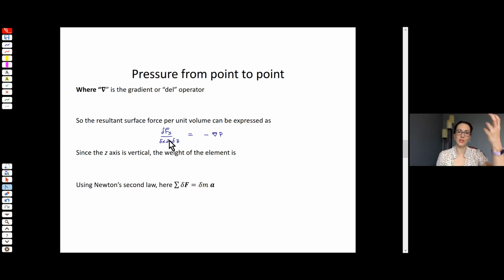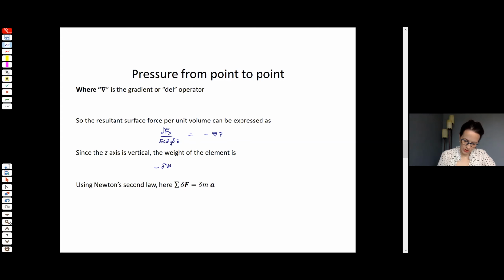All right, now those are the surface forces, but we're thinking from the perspective of Newton's second law. We want to sum up all the forces acting on this element. The Z-axis is vertical, so the weight of the element we write like this. I'm going to denote weight by capital W, and it's acting in the K direction.